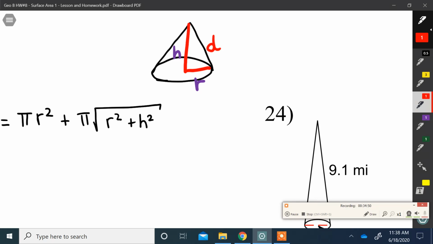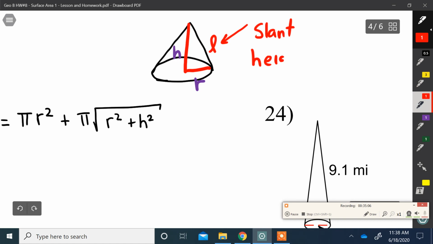Oh, it's called a slant height. So this will be L. So this right here is called slant height. And what is the slant height? Well, the slant height is this right here.